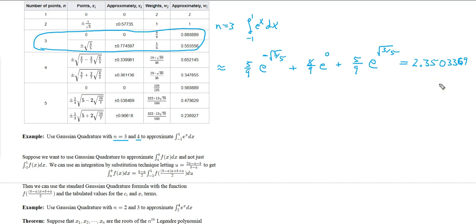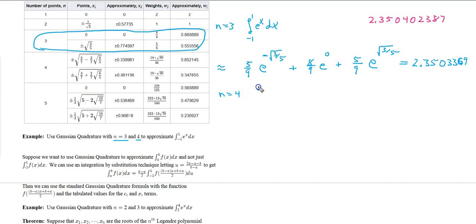Remember that the exact value, recall, was, well, approximately anyway, from my calculator, 2.3504023887. And so yeah, this looks like a little better approximation comparing it to when we used n equaling 2 right here. Now let's do when n is 4.